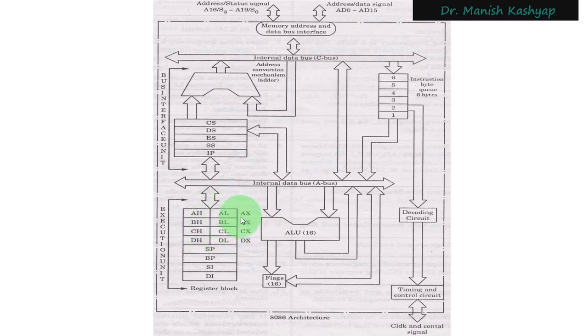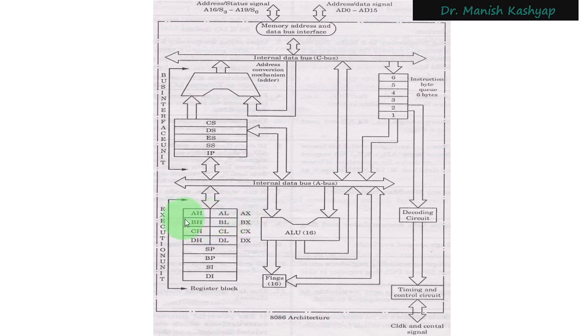So what are these? If you think about this AH register, this is the higher order byte of this AX register. AX register is a complete 16-bit register, and it is divided into two parts: A higher and A lower. So AL is the lower byte of AX register, and AH is the higher byte of AX register.